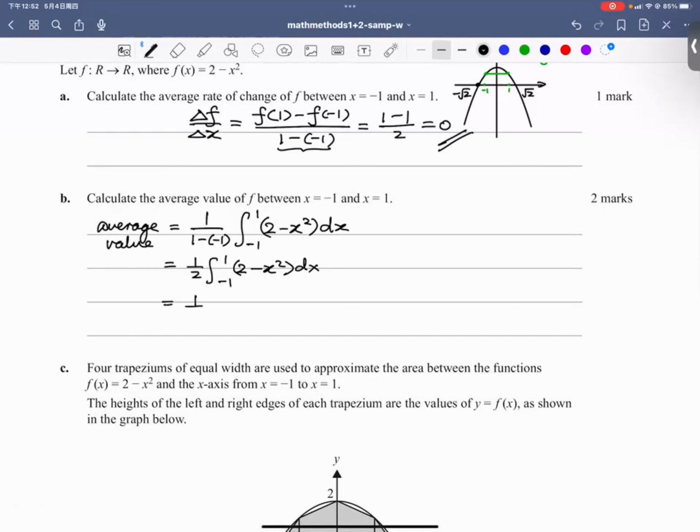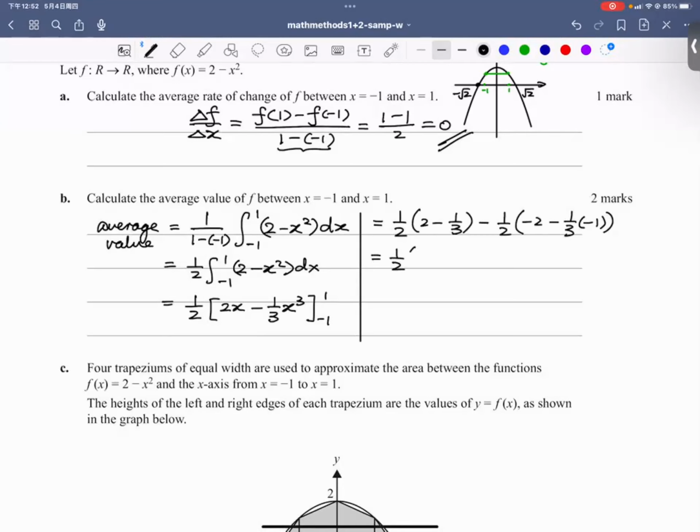Now, you could say this is half times 2x, antiderivative of the integrand, minus 1/3 x cubed, from minus 1 to 1. So, continue working on the right column. This will be half 2 minus 1/3.